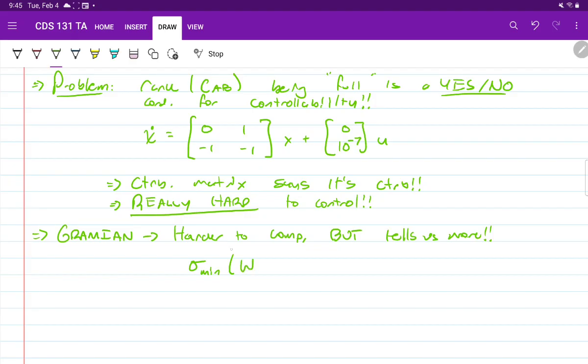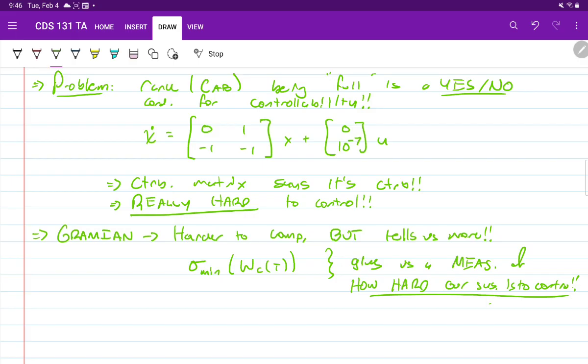If we just examine its minimum singular value, this gives us a measure of how hard our system is to control, okay? Because effectively what this minimum singular value tells us is how close our Gramian is to being singular, right? If it's super close to 0, then that means our Gramian is basically singular, right? So if we have a really, really small minimum singular value, what that means is we'll have a situation like this, right?